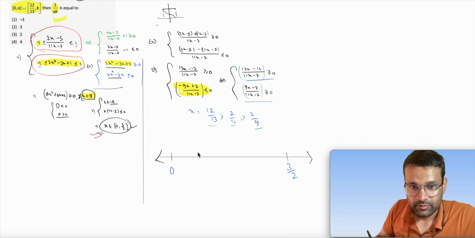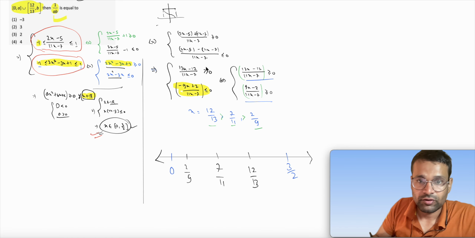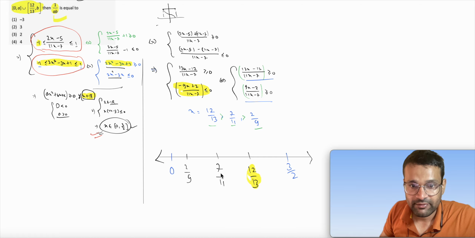Put the value 2 by 9 here, 7 by 11 was here, and 12 by 13 was here. Now take 12 by 13 and 7 by 11, which are involved in these inequalities.